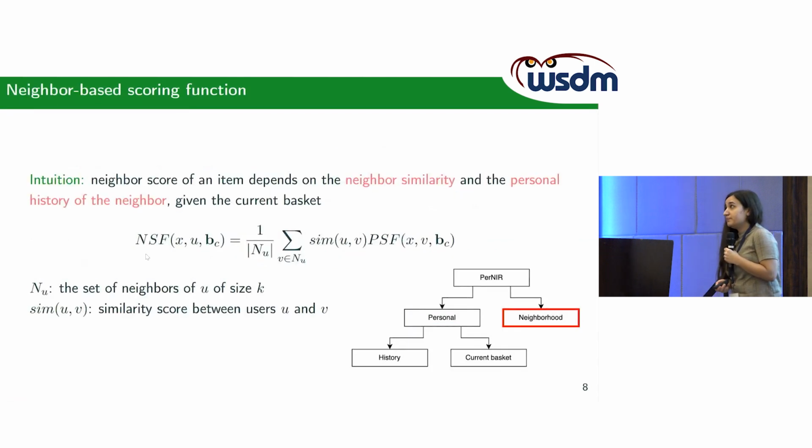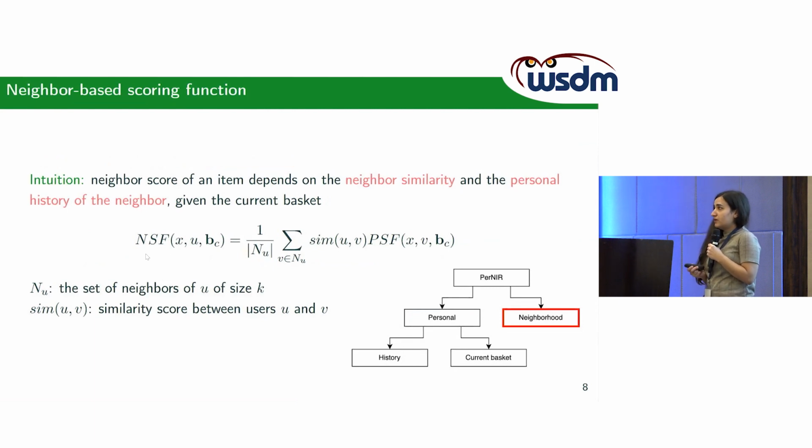Another component of the model is the neighborhood-based scoring function. Here, our goal is to capture the collaborative information in the way that users behave in our setting.